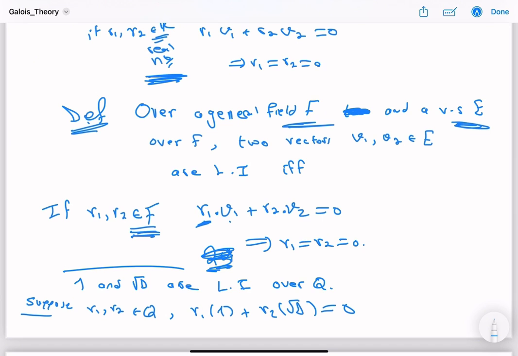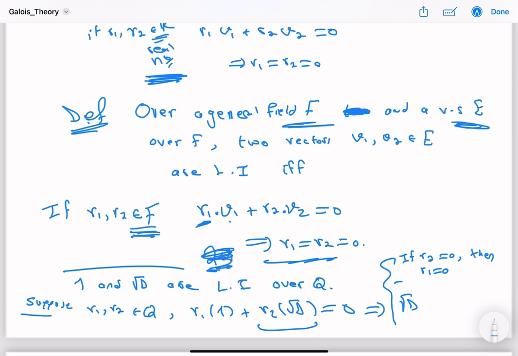If that's the case, then if we rearrange terms, we get the square root of d. Now, since we're working over the rational numbers, these are numbers, so we can rearrange things. There are two cases here. If r2 is 0, then r1 is 0, and we're done, because this is what we want to prove: that they're linearly independent.